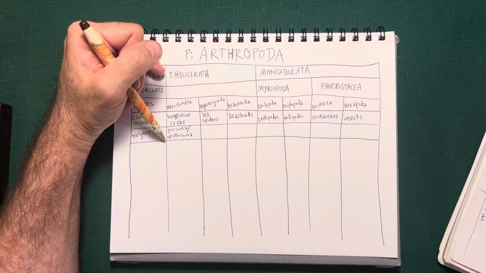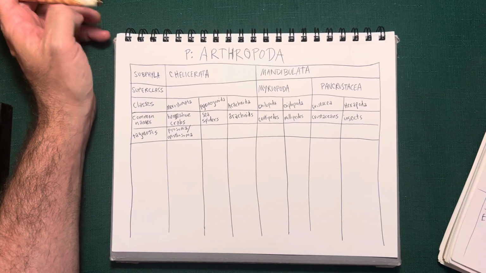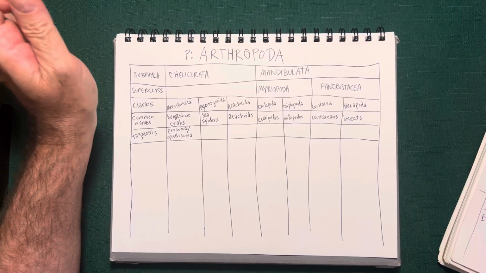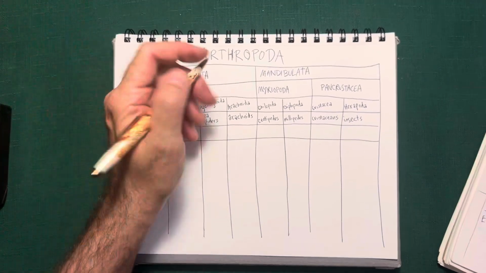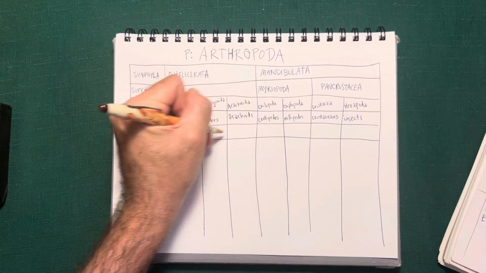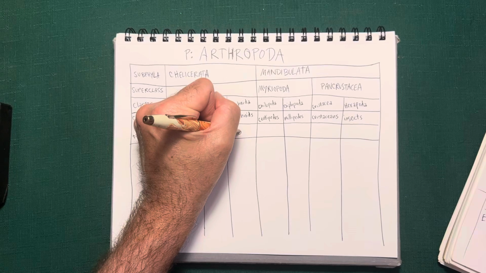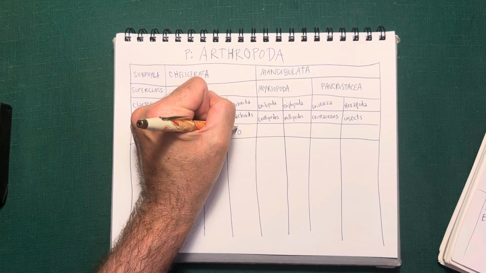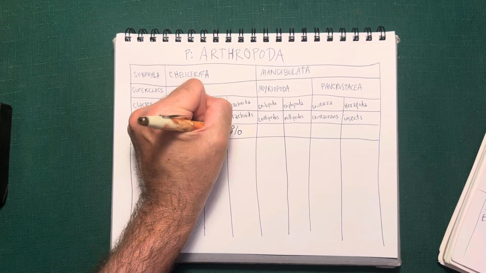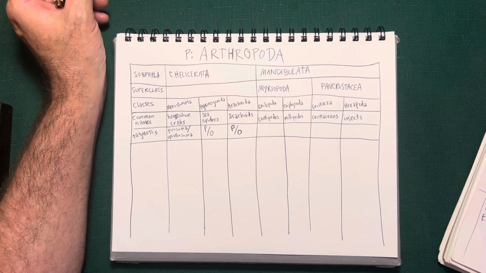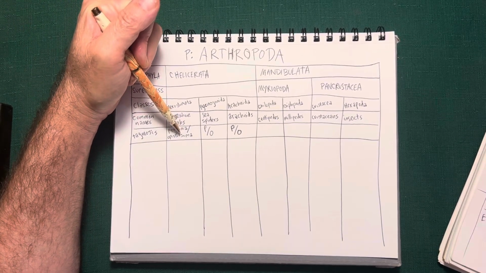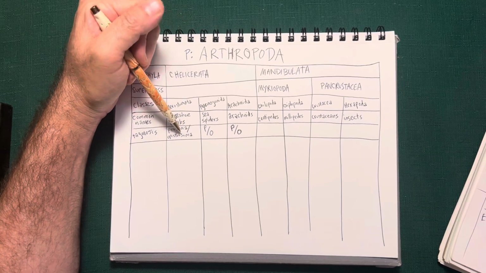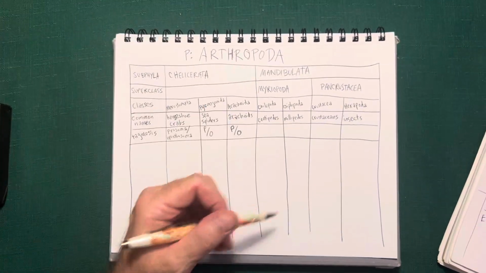So kind of like a front part and a back part. They used to be called cephalothorax and abdomen, but that is not accurate. So for all of our Chelicerata, they're all going to have this arrangement where they've got a prosoma and an opistosoma, so P-O, P-O, P-O.